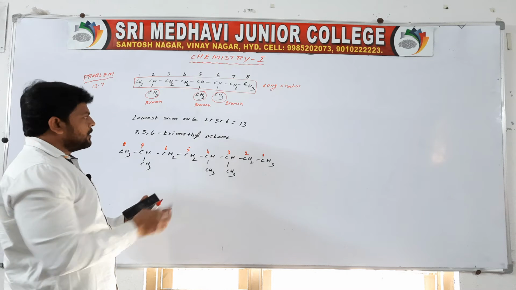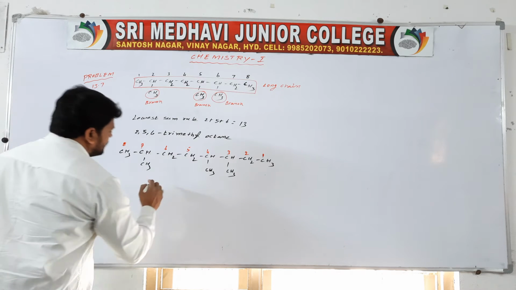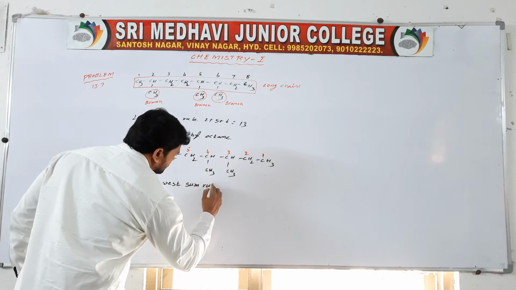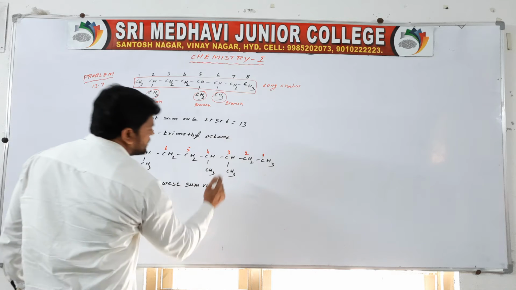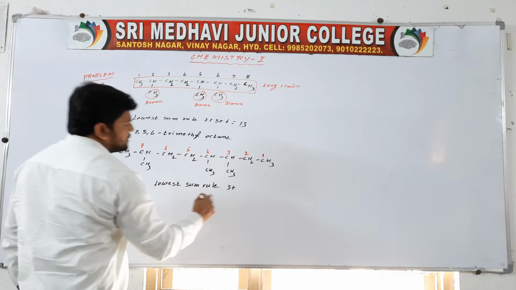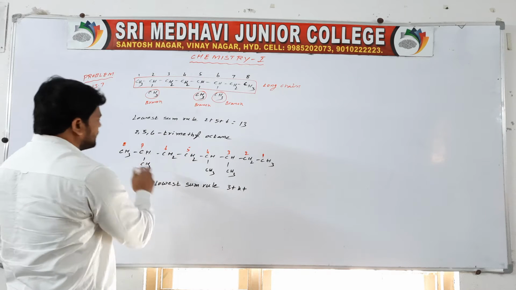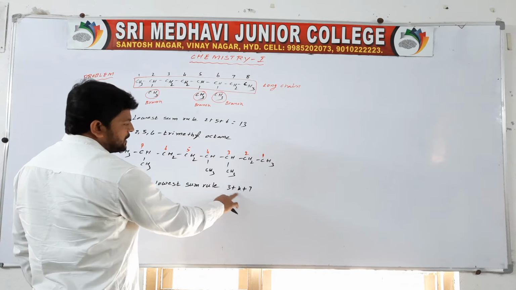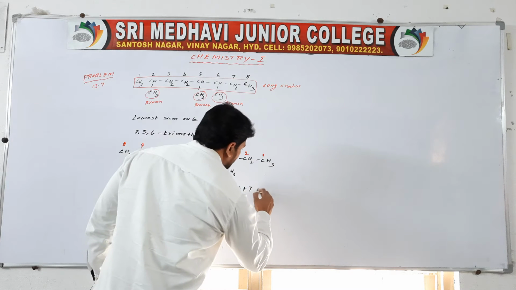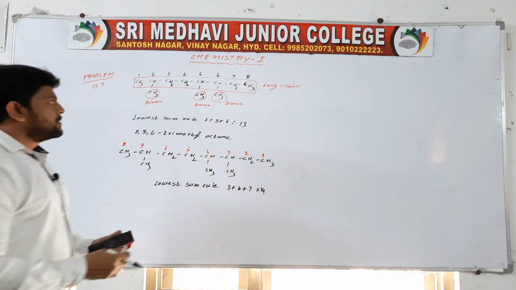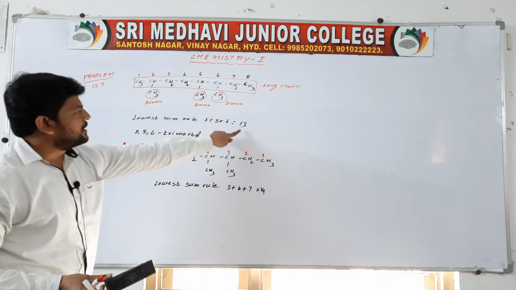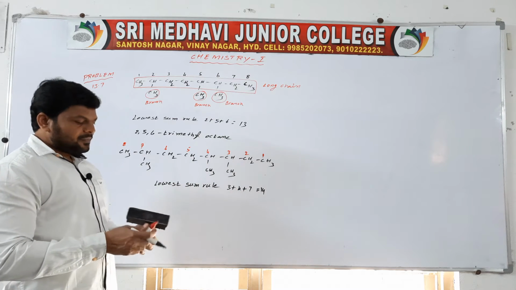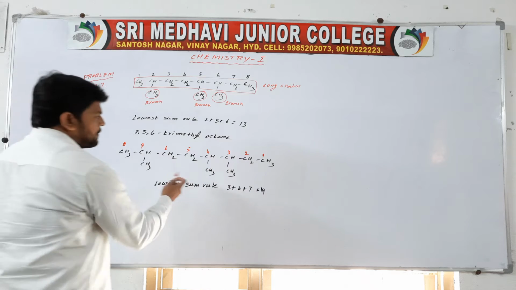Here, by the lowest sum rule, the positions are third, fourth and seventh. So 4 plus 3 is 7, 7 plus 7 is 14. Here we are getting 13, and here we are getting 14. So this type of numbering is wrong.